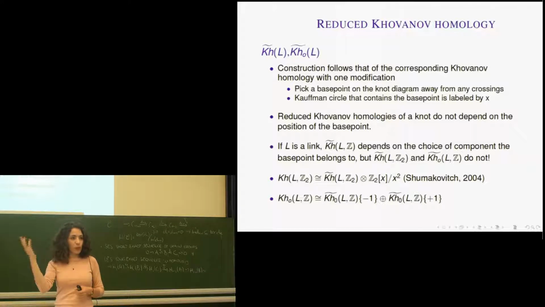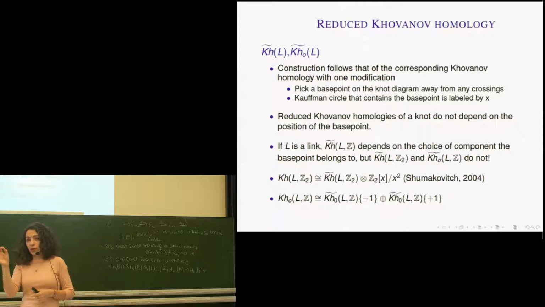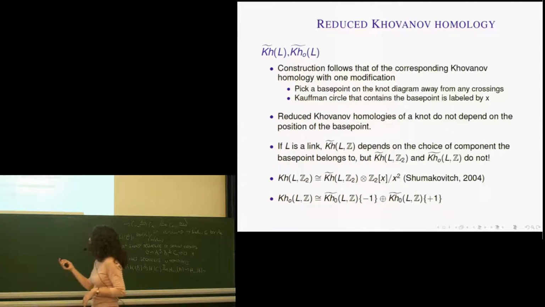And then when you do your cube of resolutions, if a particular circle has the base point on it, that circle can only be labeled by X. It cannot be labeled by 1. Usually it's combinations of 1s and X's, but this one can only be labeled by X. That's what they mean by reduced.